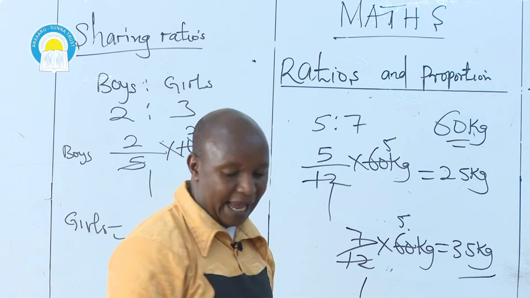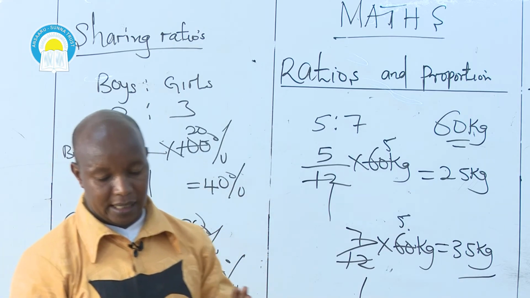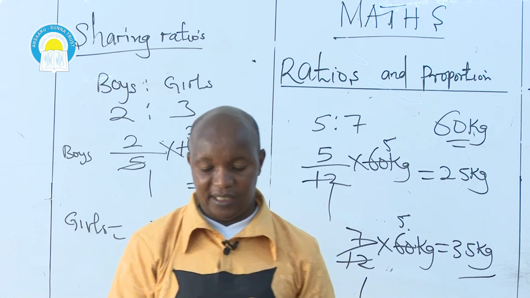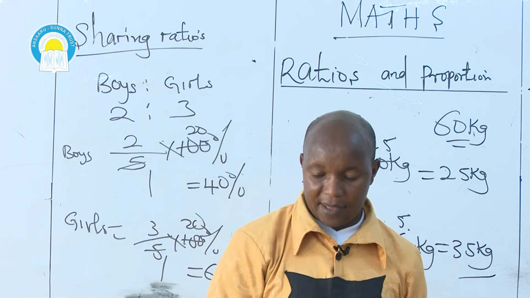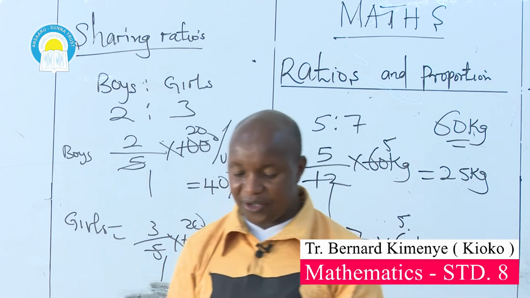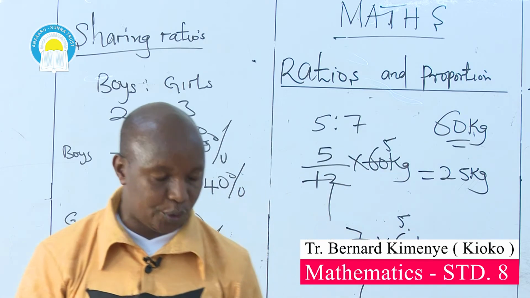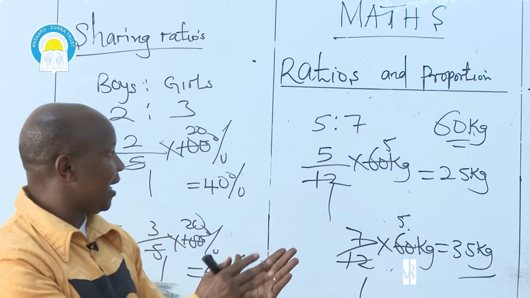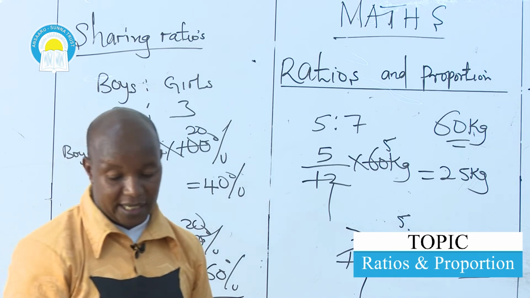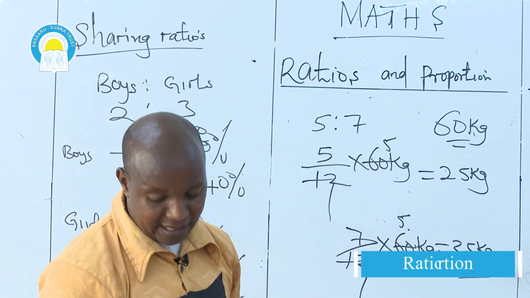Another example was tested back in the year 1999. The same scenario again. The ratio of girls to boys in a school is 3:2. Apart from the syllabus, look at how the questions have been framed in the exam.